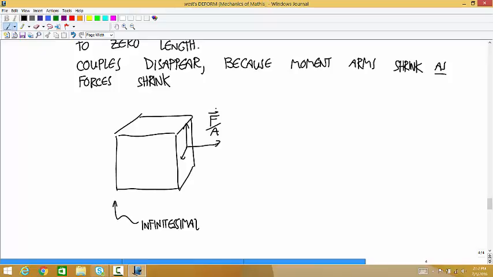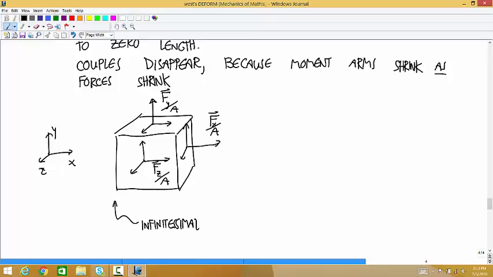If this is our coordinate system, x, y, z, I'll call this the force x divided by A. I'll call this the force y divided by A. Each one of those is a force vector. And I'll call this one the force z divided by A. Okay, so how many independent values do we have?